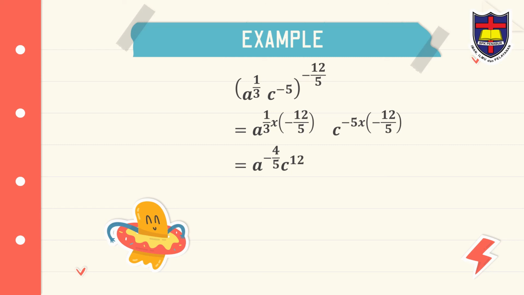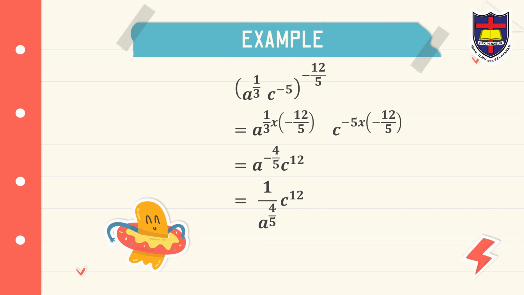So 1/3 times negative 12 over 5 equals a to the power of negative 4 over 5. Meanwhile, negative 5 times negative 12 over 5 is equal to 12. So we have a to the power of negative 4 over 5 times c to the power of 12. After that, remember, if we have negative exponent, we must change it into positive exponent.